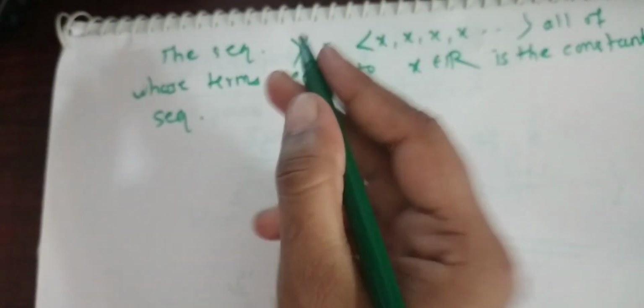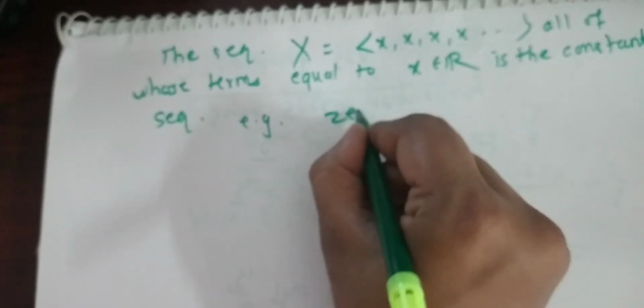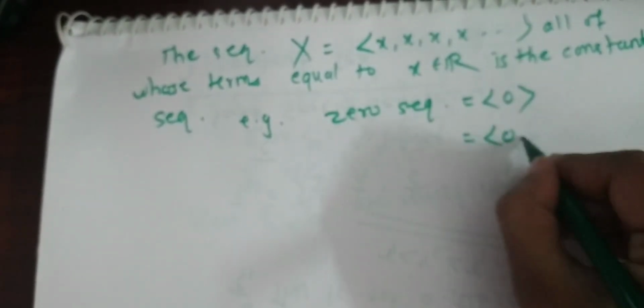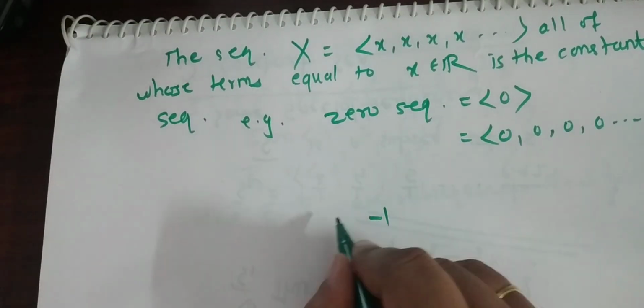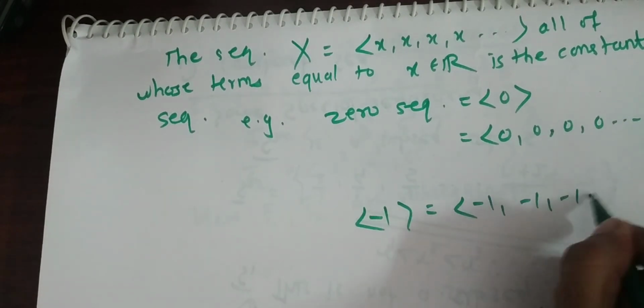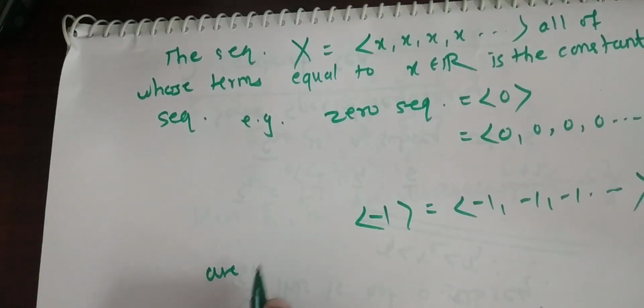For example, zero sequence. In zero sequence you can write 0, 0, 0, all terms are 0. Or suppose -1, so you can write -1, -1, -1, all numbers are -1; these are constant sequences.